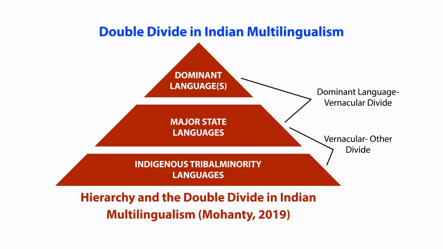Though we claim to have multilingual education, look at the bottom: indigenous, tribal, minority languages, then the vernacular and other divide, that is the state majority language, then the dominant languages like English or the official language. So, this is the kind of divide that happens in school education.